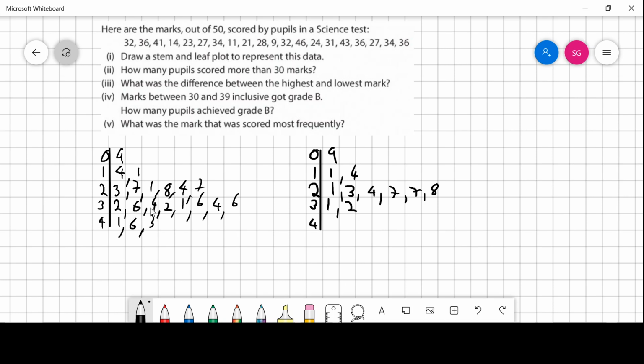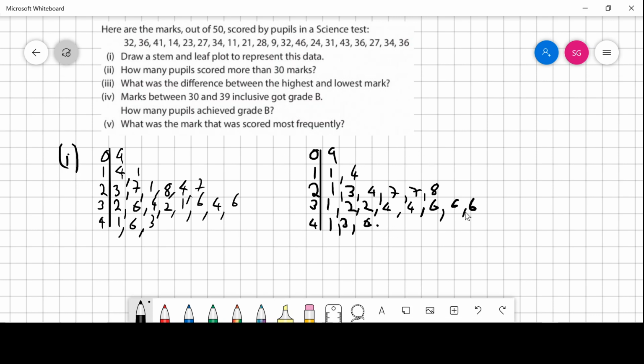Then we have a second 2 here. 2 4s here. No 3s. And 3 6s. And then 4 and a 1, 3 and a 6. Okay, so now I've got a nicely done out, finalized stem and leaf diagram.